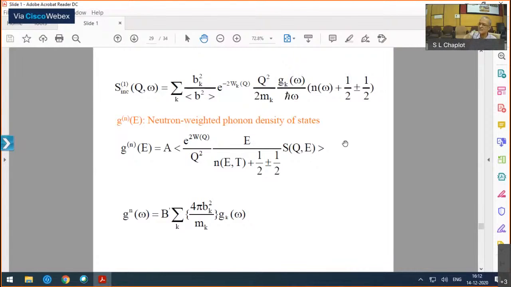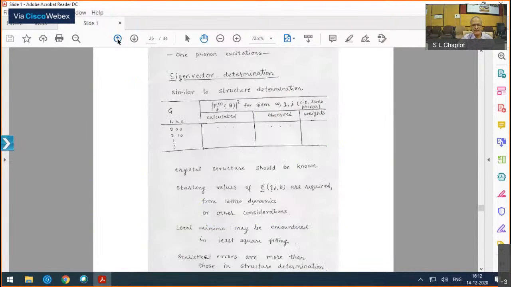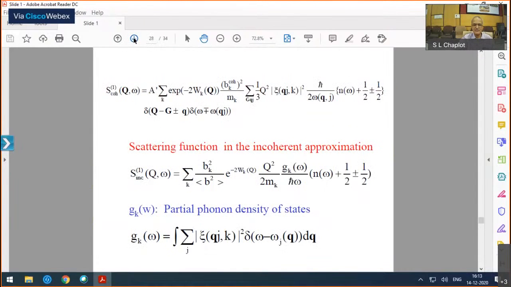In the case of phonons, I need intensities only if I am trying to determine the eigenvectors, like in the case of diffraction analysis, but otherwise for single crystal measurements, I don't really worry about corrections to the intensity.